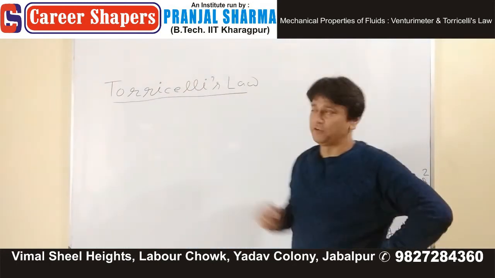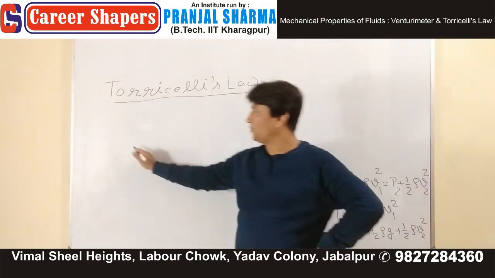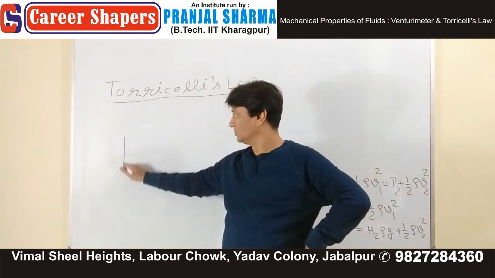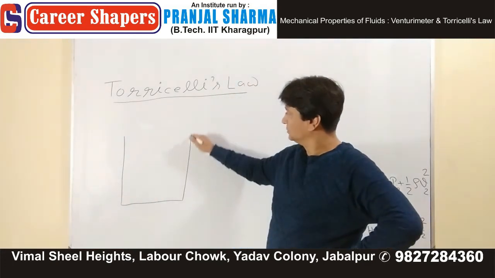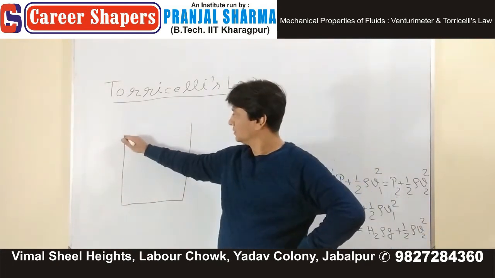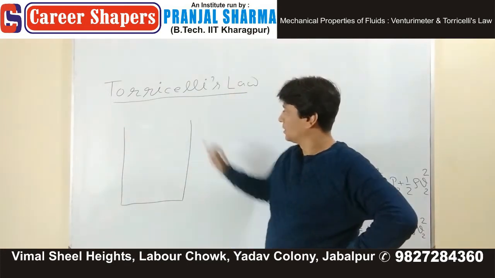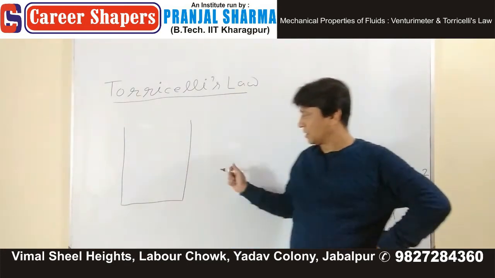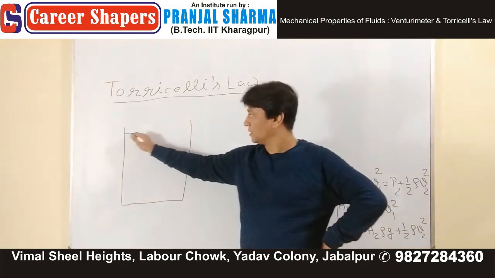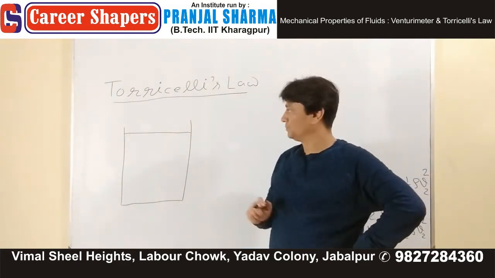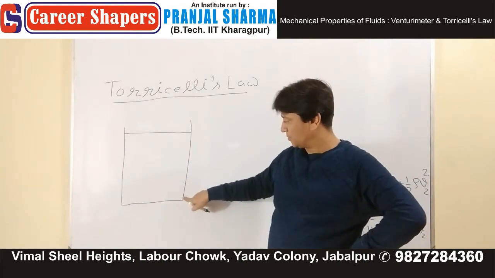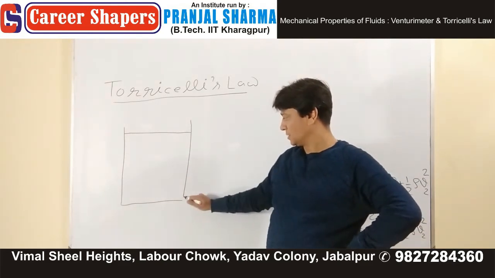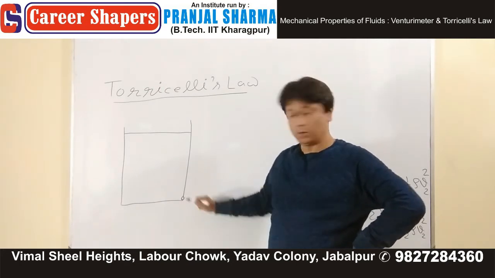What Torricelli found, he found this, that if you have a water tank, this tank is filled with water, and you make a tiny hole at the bottom. It's a tiny hole.